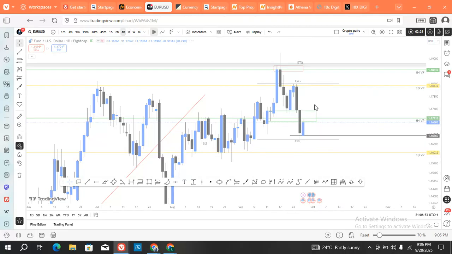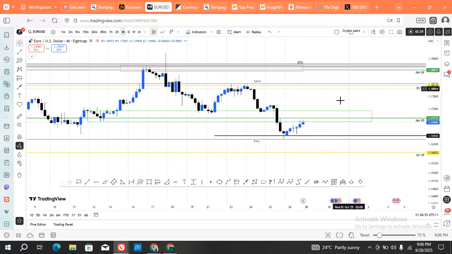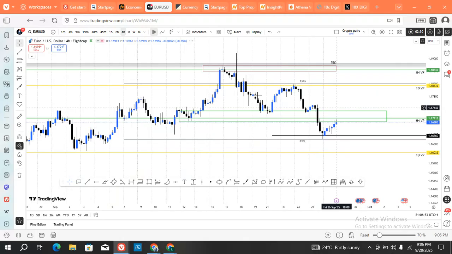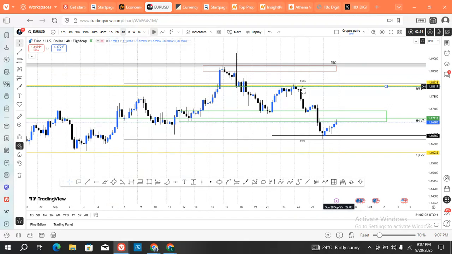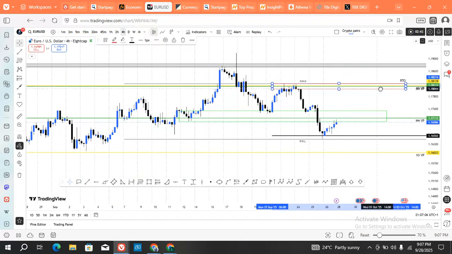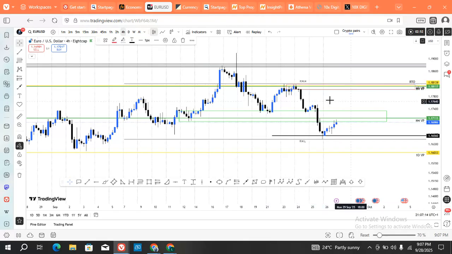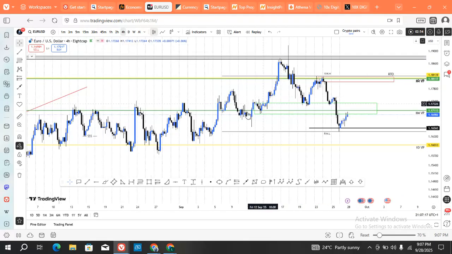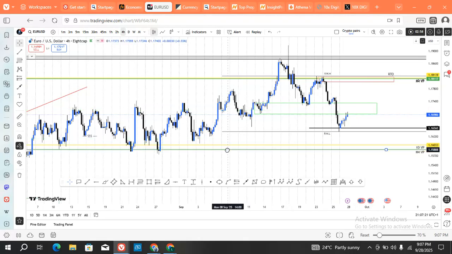Then on the 4 hours time frame as well, we'll mark out the 4 hours demand and supply. So the 4 hour supply I see is as well over here. Over here, the 4 hour supply I see. And the 4 hours demand I see is all the way over here.